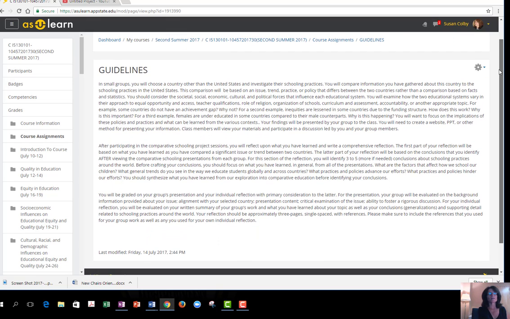Basically, the whole idea of the project is to really think about other countries, think about the United States, think about our educational schooling systems, and compare and contrast and see what we can learn from other countries. One thing I really want to caution you early on is that you're not just comparing on statistics like what type of schools they have, how many kids, what their purpose is, that type of thing, but on a specific trend or issue, you're going to dig deeply.